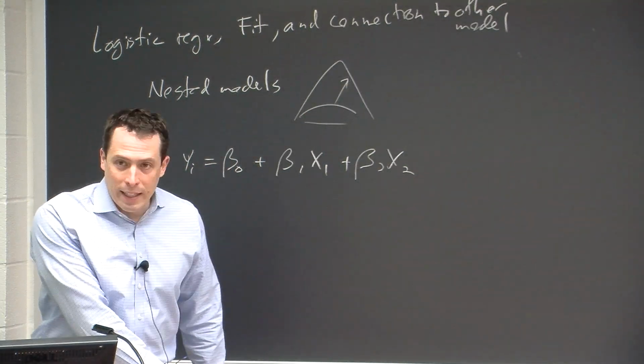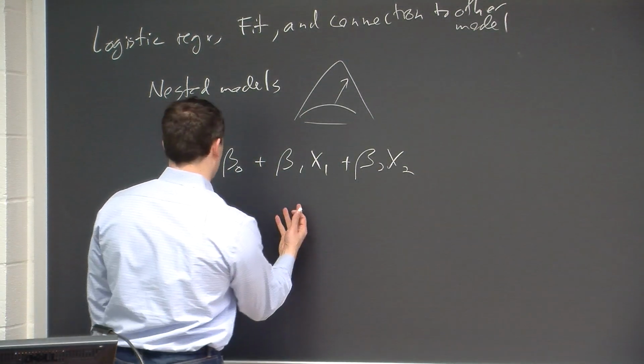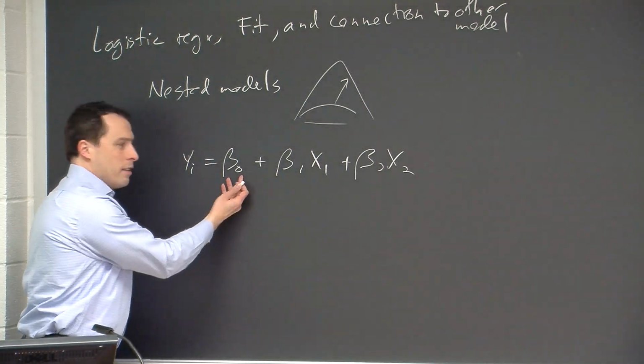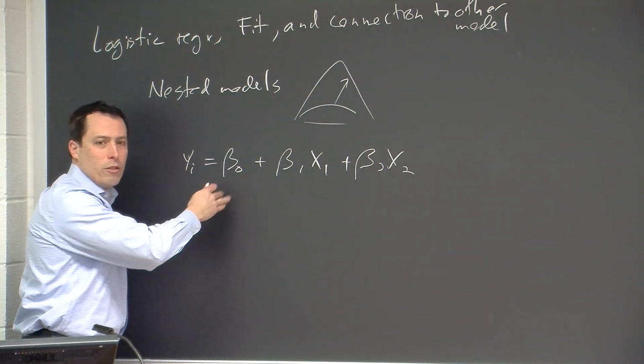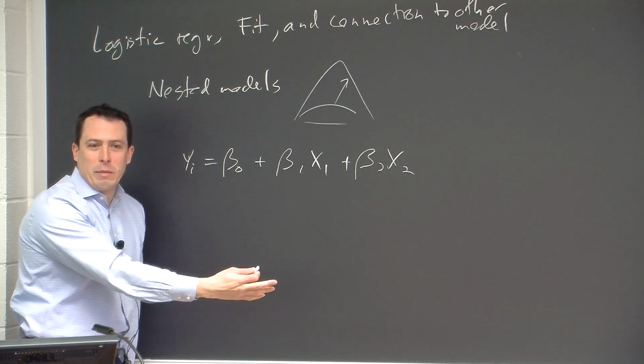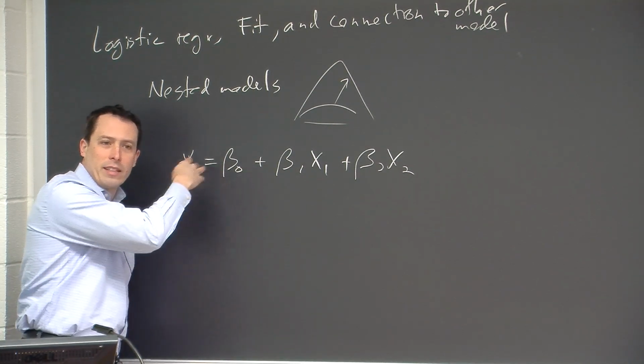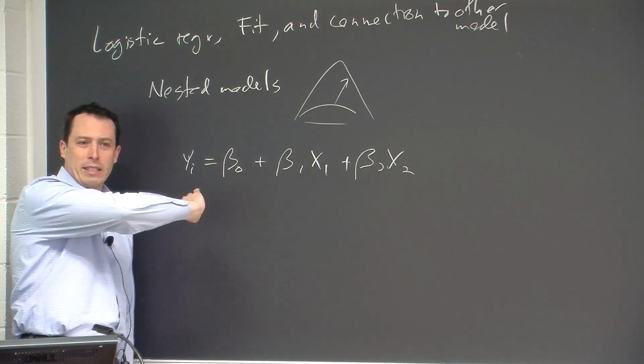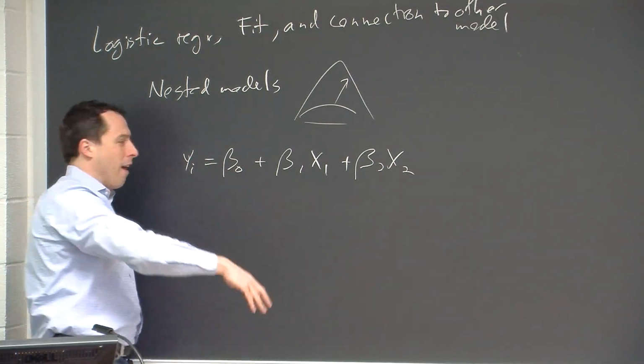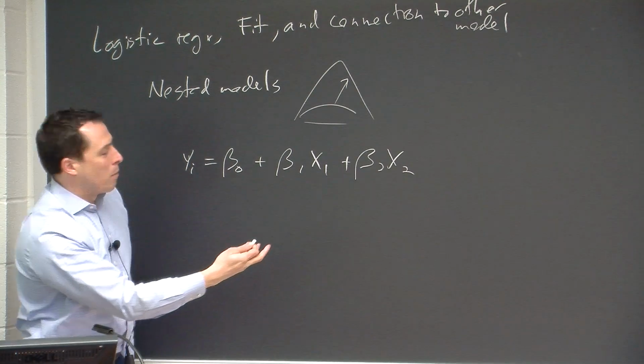The nesting that happens here is that the simplest model has nothing whatsoever, which would be like a uniform distribution. If you have an intercept, then you allow this p to vary, but it doesn't depend on the covariates at all. And then you keep adding additional predictors.